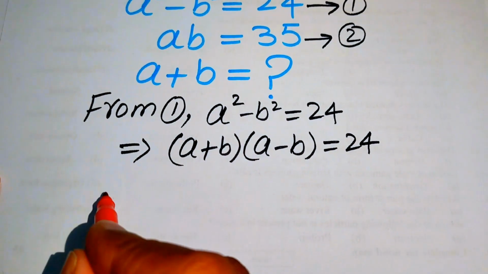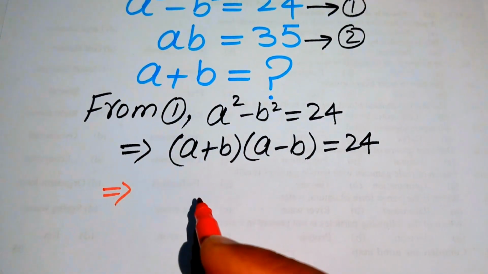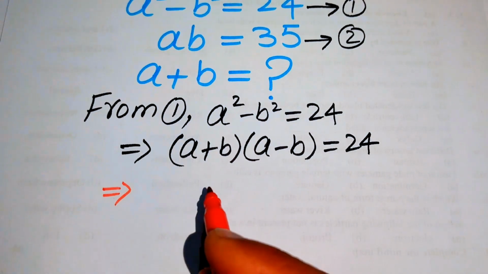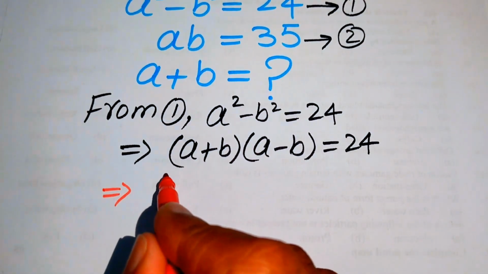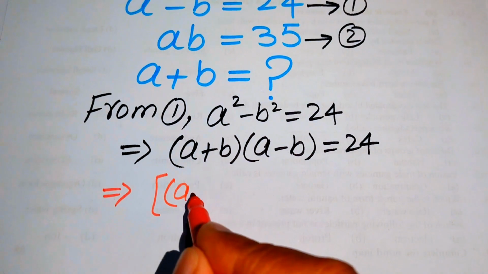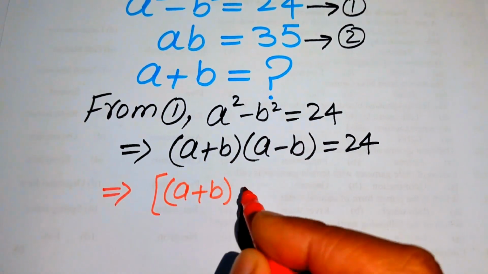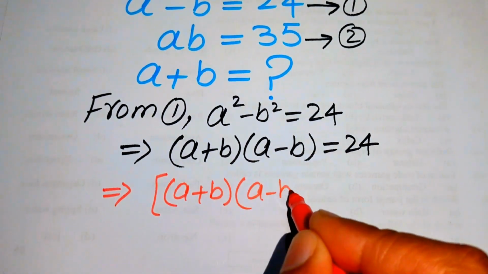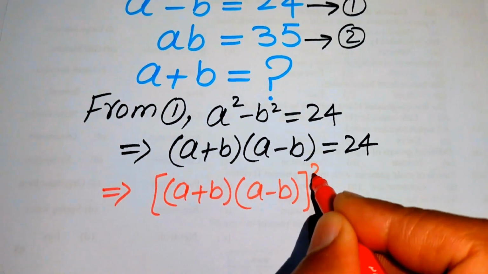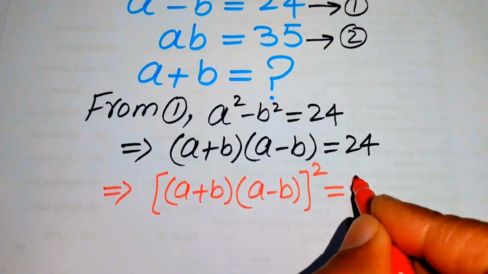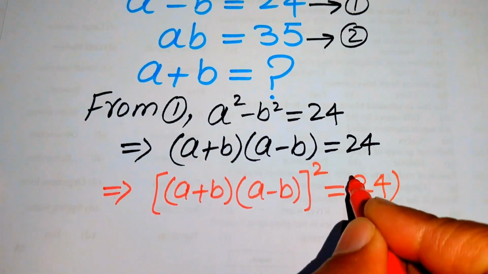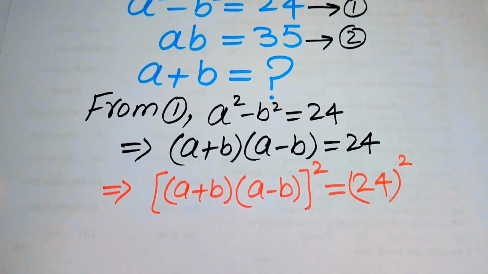In the next step, we take the square on both sides of this equation, so it becomes ((a + b)(a − b))² = 24².